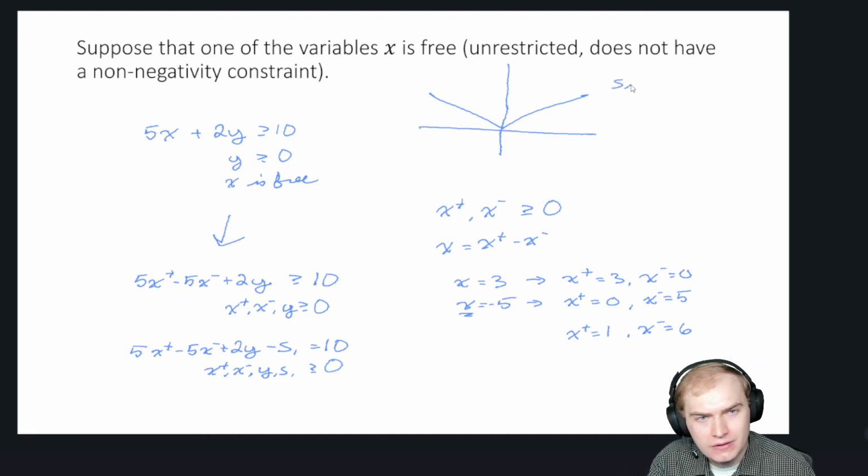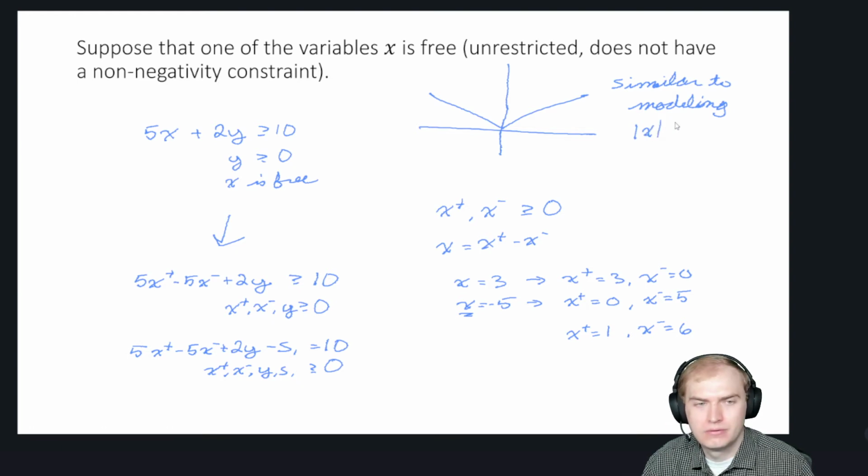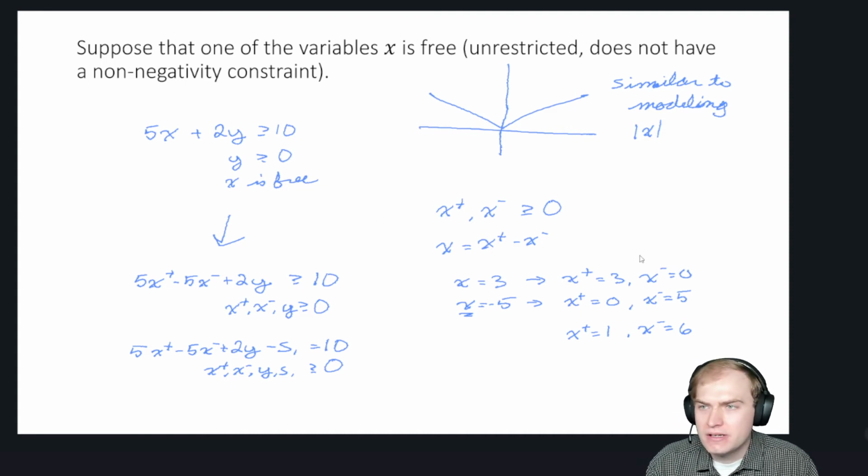So this is similar to modeling absolute value of something. So that is how we deal with free variables to put them in standard equality form.